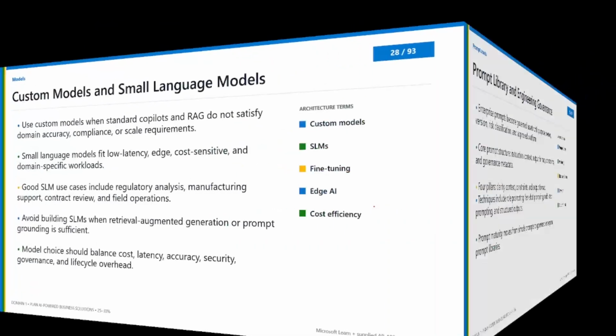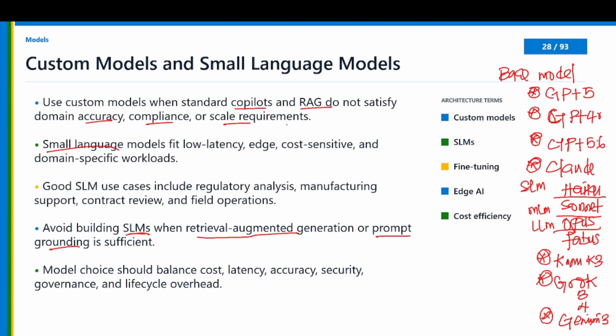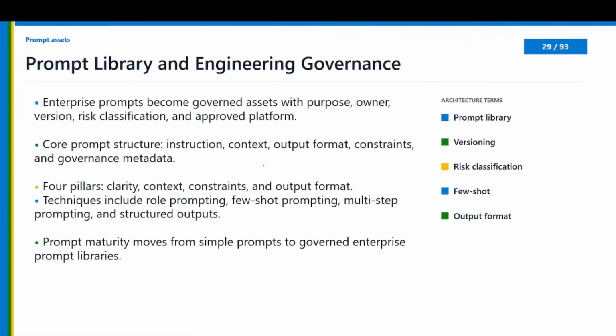So prompt library and engineering governance, how should you implement that? Sorry, I forgot to discuss architecture here. Remember, in custom models, always remember these architecture terms: custom models, small language models, fine tuning, edge AI, and cost efficiency are your architecture terms on custom models and small language models. So for prompt assets, let's look at our architecture terms.